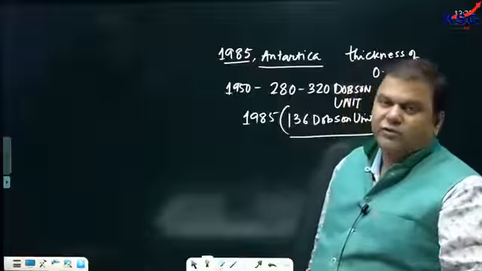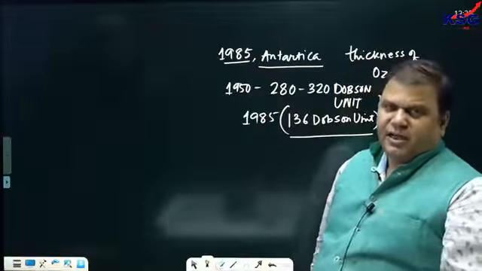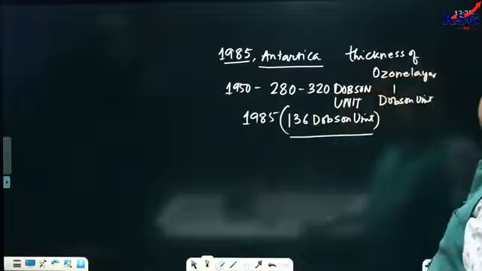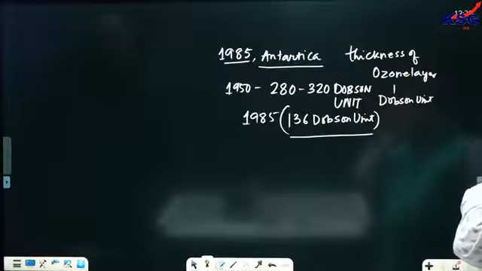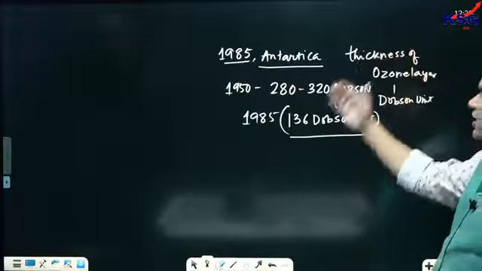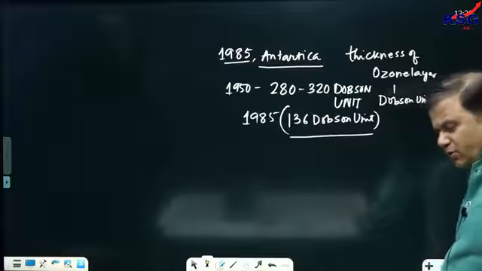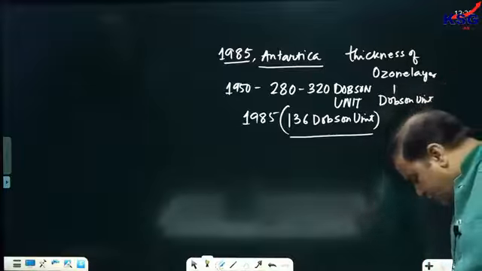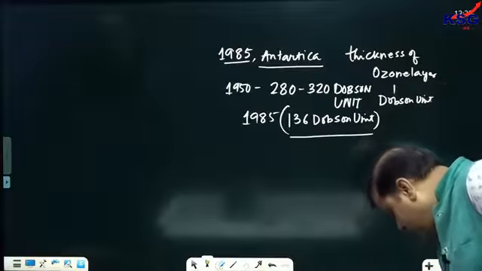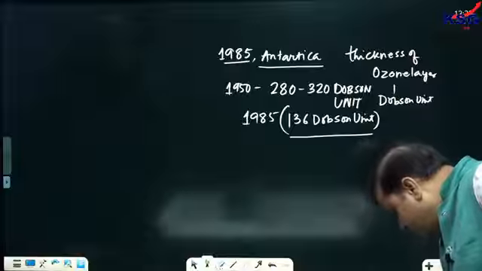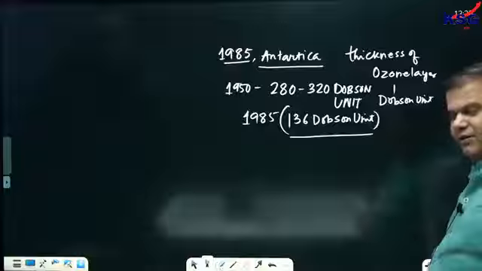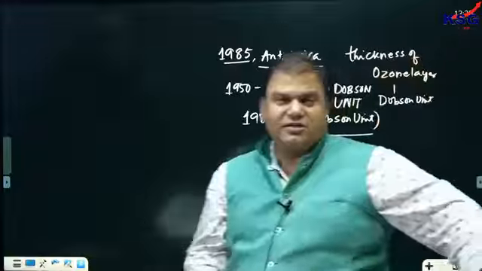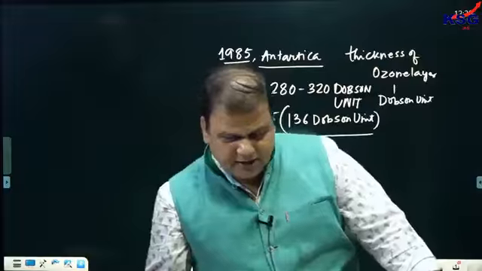And immediately the alarm bells were ringing, how has this happened. Clear, alarm bells were ringing. So drastic reduction from 280 to 320 Dobson unit to 136 Dobson unit in the year 1985. So that's your drastic reduction. However, clear, fine.